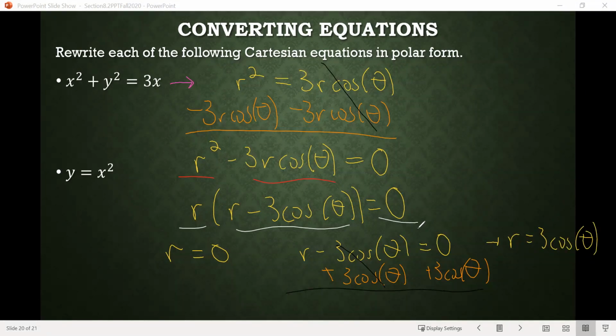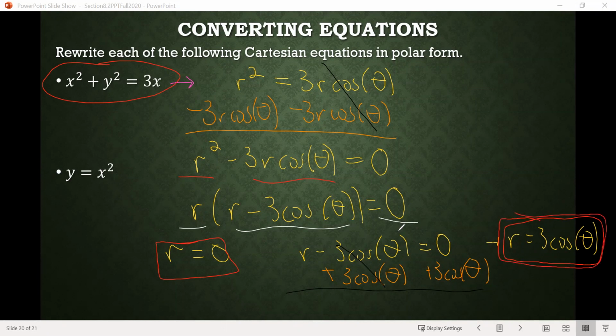Okay. Now, the next question you might be asking yourself, okay, so we have r equals 0 and r equals 3 cosine theta. And hopefully it makes sense that not both of those can be equivalent to this equation up here. So we have to decide which one it is. And in this case, it's going to be the r equals 3 cosine theta.